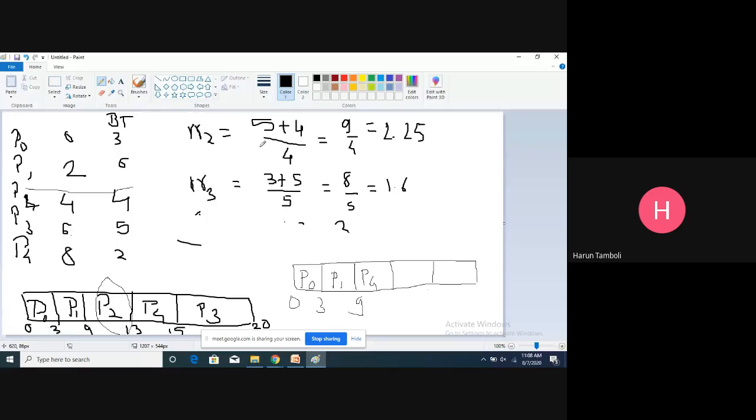For example, SJF, that is shortest burst time. Likewise, you can think of longest burst time and check the result. Definitely the result will be worse, with higher turnaround time.